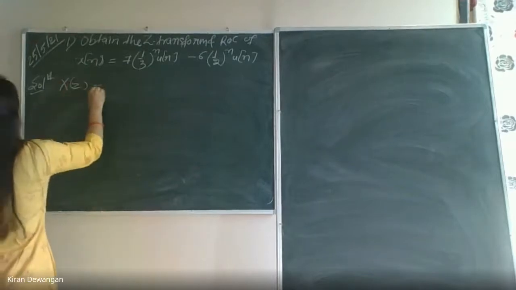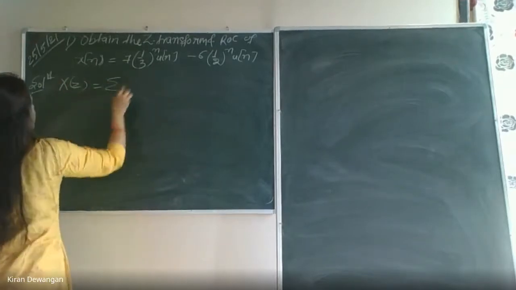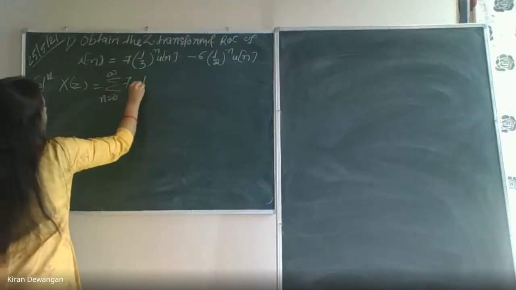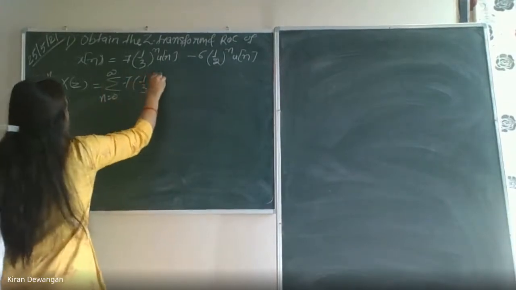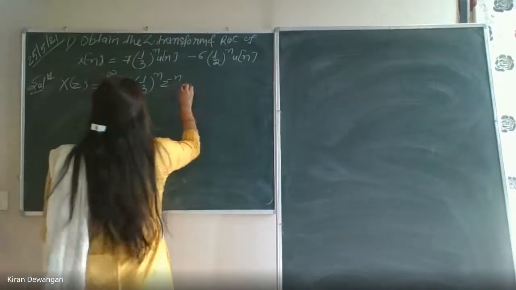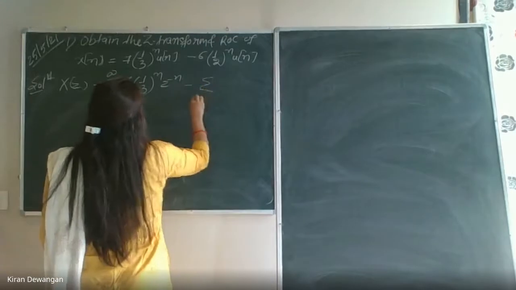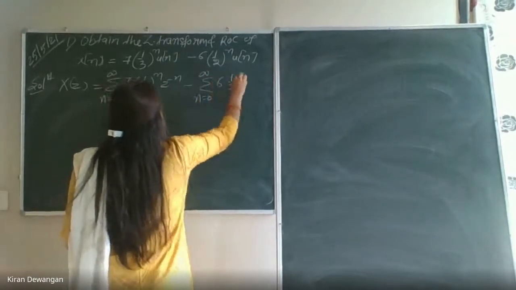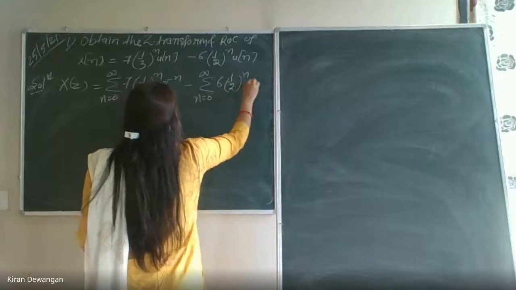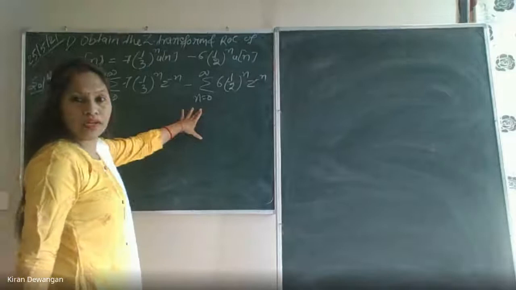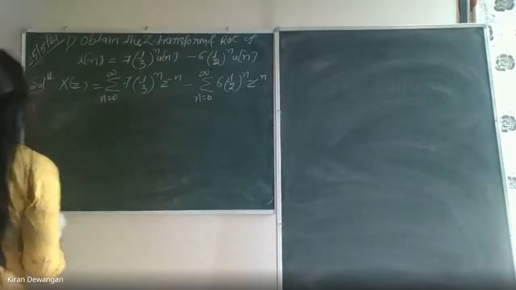It is going to be summation, 0 to infinity, 7 (1 by 3)^n z to the power minus n, minus summation n 0 to infinity 6 (1 by 2)^n z to the power minus n. Both the limits will be 0 to infinity because it has u(n) attached to it. Okay?